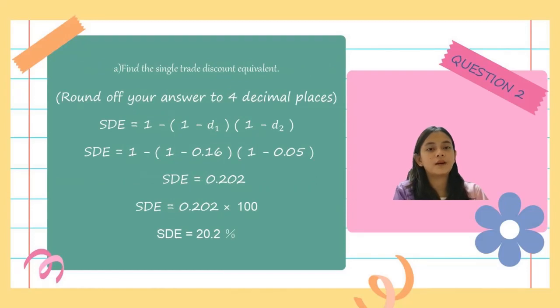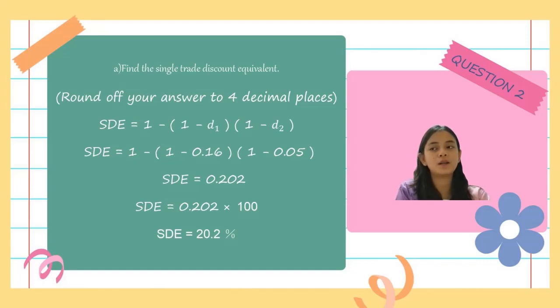Find the single trade discount equivalent. Round off your answer to 4 decimal places. The formula that we will use is STE equals 1 minus open bracket 1 minus D1 close bracket open bracket 1 minus D2 close bracket.